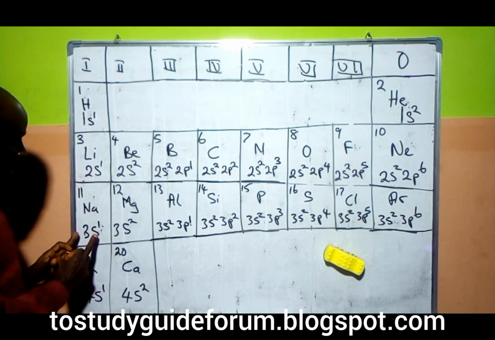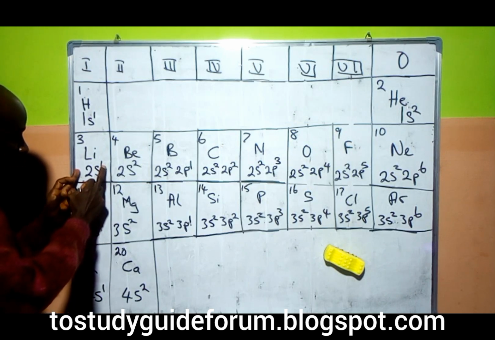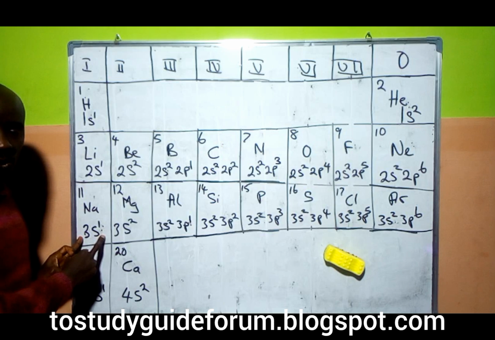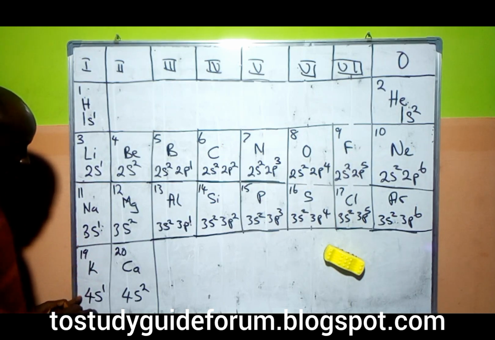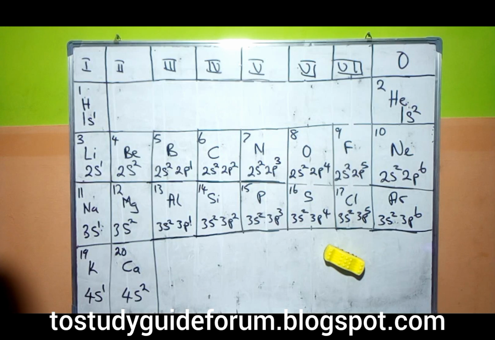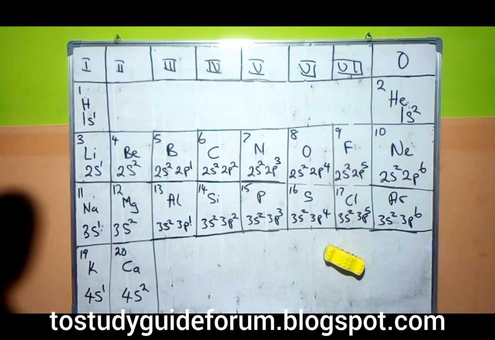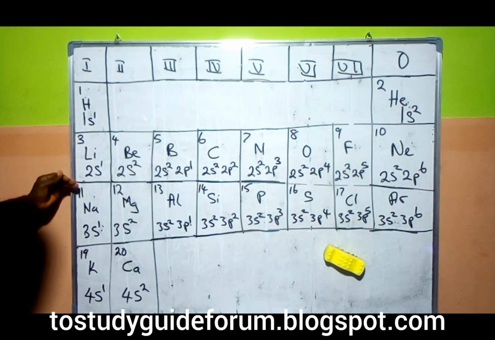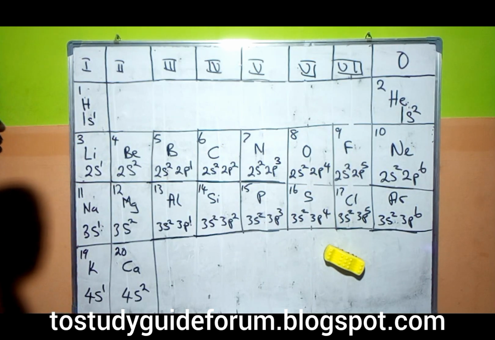Lithium has one electron in the s block, sodium is also one electron, potassium is also one electron. That's how you can identify them. Another thing about them is that they undergo similar chemical reactions.